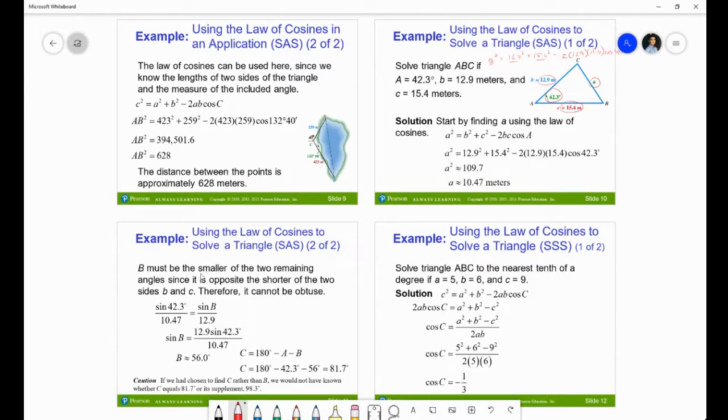B must be the smaller of the two remaining angles. So why do we know that? Well, you see that side B is smaller than side C, so therefore angle B has to be smaller than angle C. Okay, so therefore we can find out what is the obtuse one by looking at what side is available here.